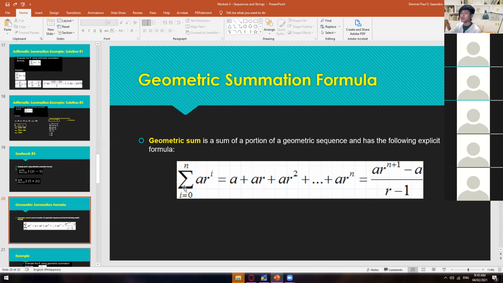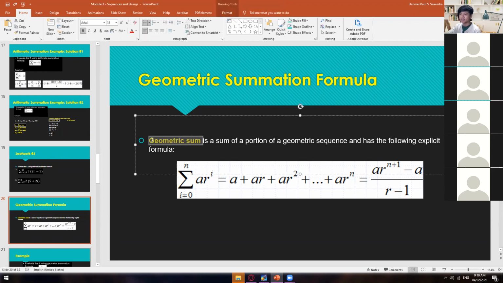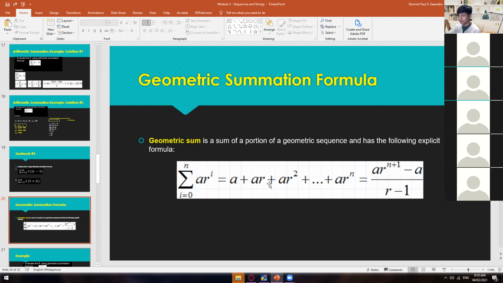This one is the same with the geometric notation. You elaborate that given notation symbol, and then by using this summation, you can have the geometric sum of that given formula. From here, as you can see, we will start with 0.